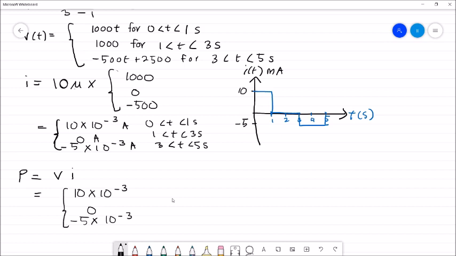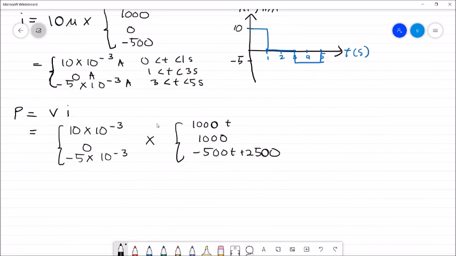That is for current. Times the voltage, which is 1000t, 1000, then negative 500t plus 2500. This is for their own intervals, so I no need to write it. I will write it in the final answer.